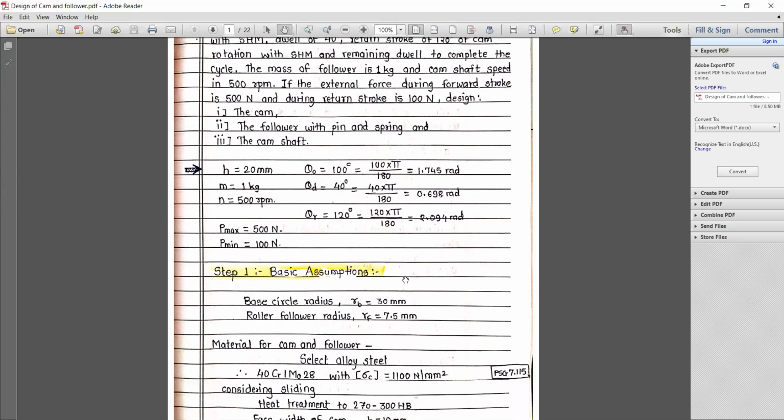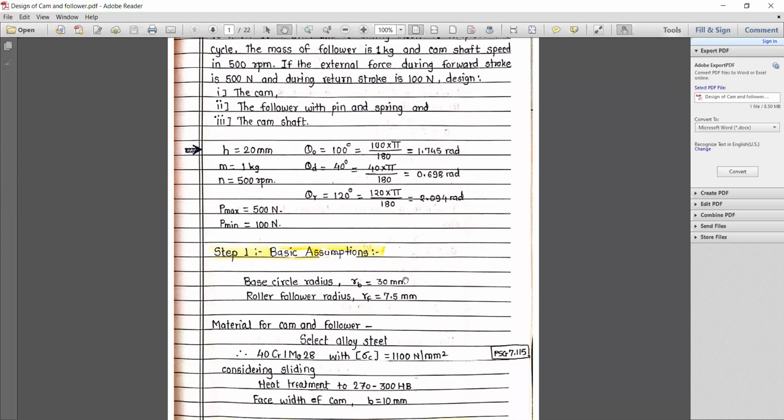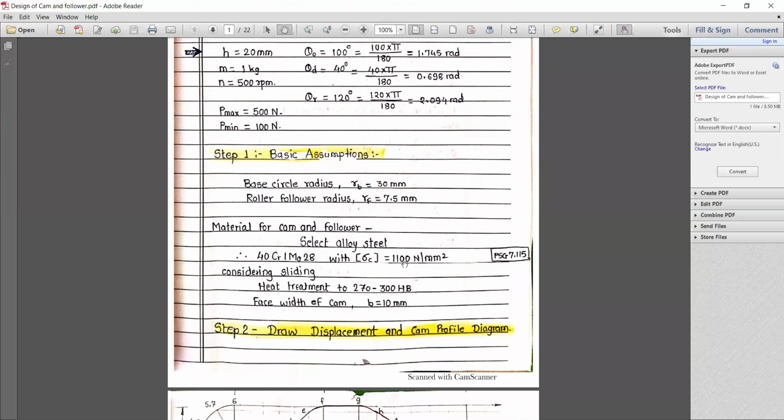So first of all we need to take some basic assumptions. We are assuming a base circle radius which is not provided in the problem. So RB is the radius of base circle. I have considered RB equal to 30 mm, and the radius of the roller follower RF equal to 7.5 mm.